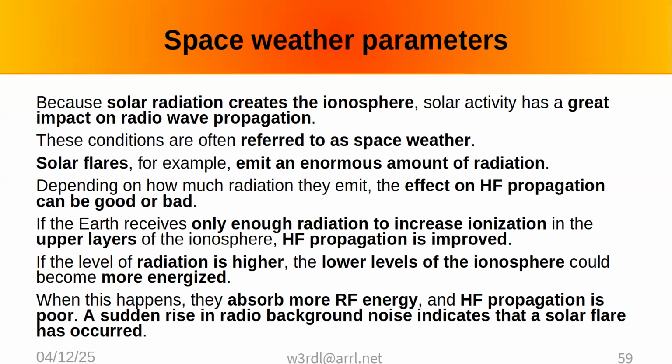But I think it all starts neutral. Well, something has to change that lower level with respect to the upper level. Well, you do get some ionization, but you don't get as much. The lower frequencies are affected mostly by lower levels of energy.